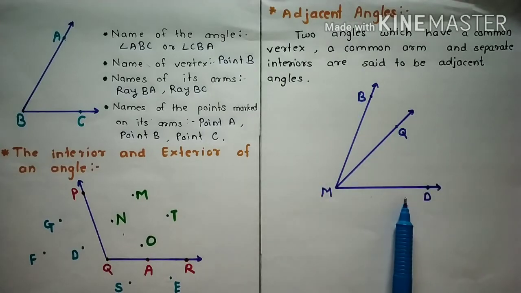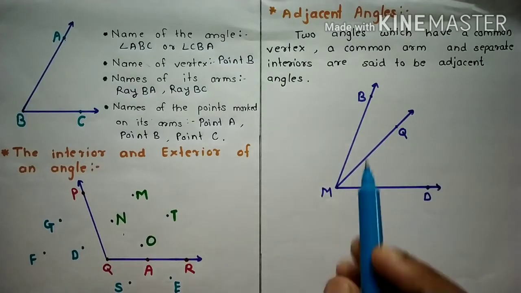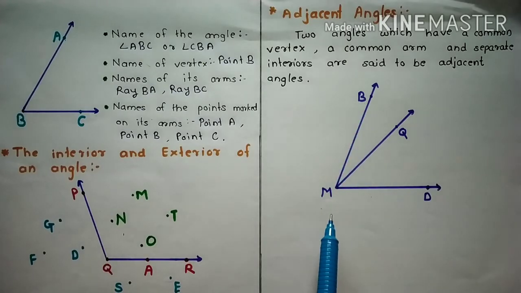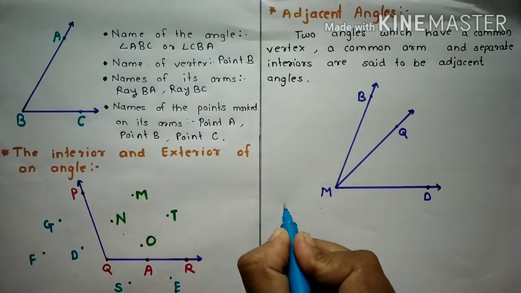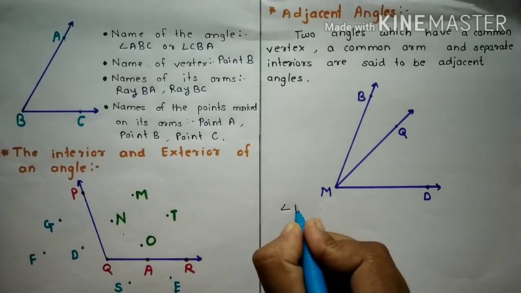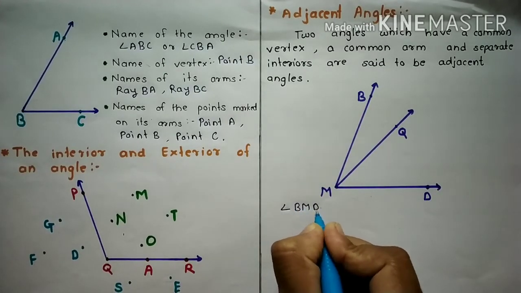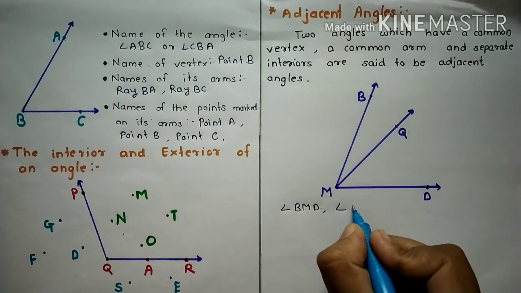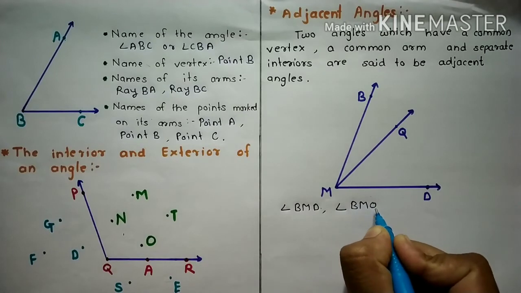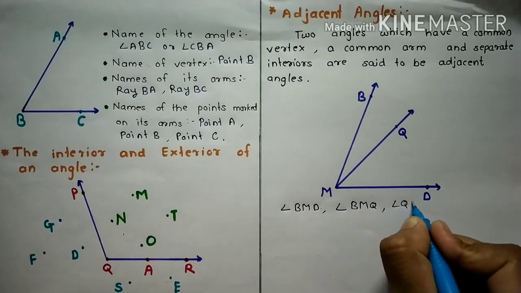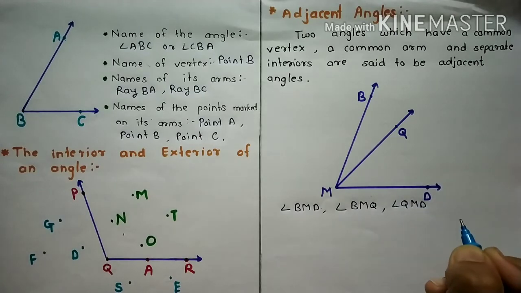Observe this figure carefully. In this figure, there are three angles: angle BMD, angle BMQ and angle QMD.